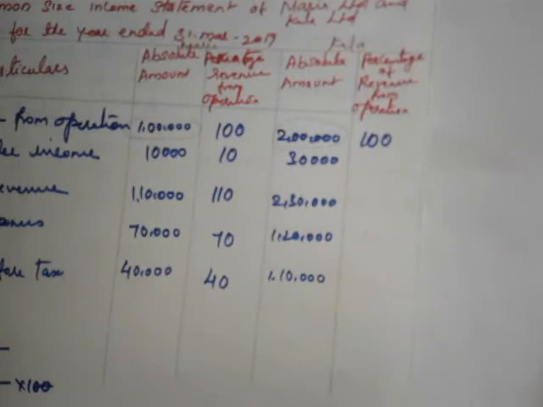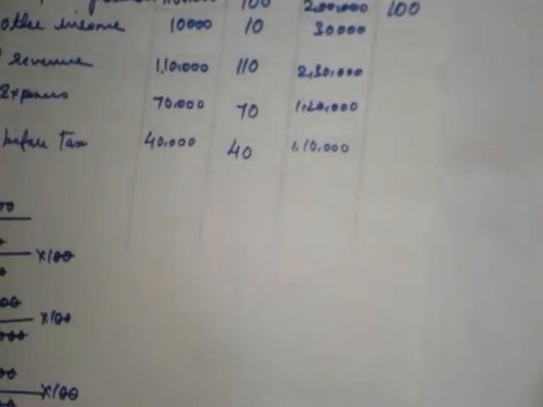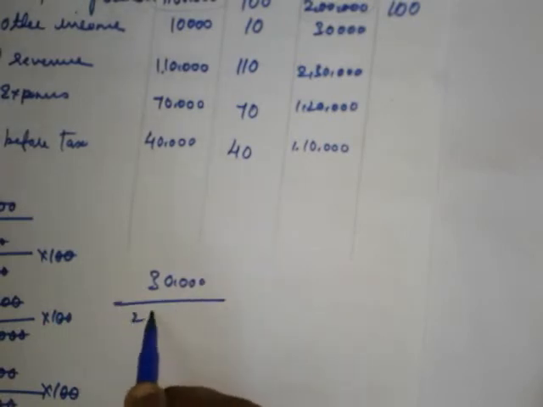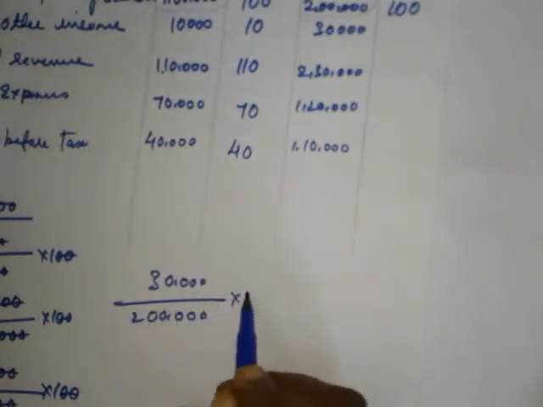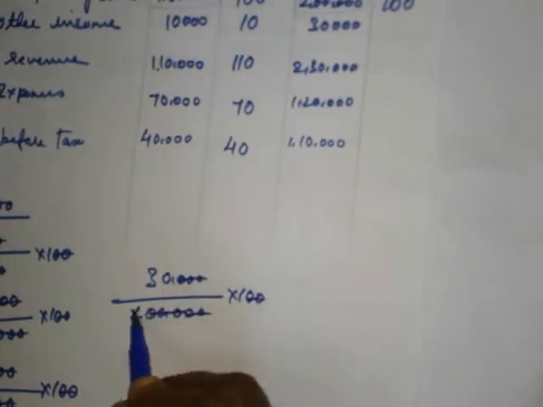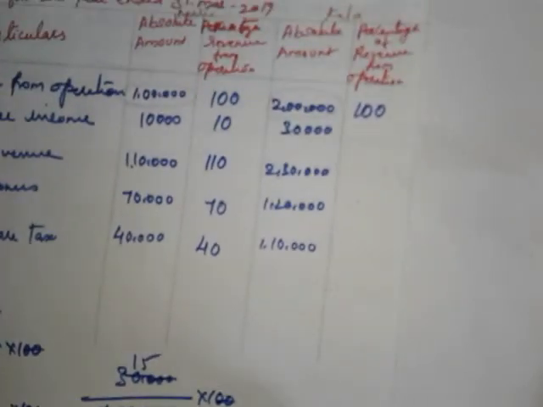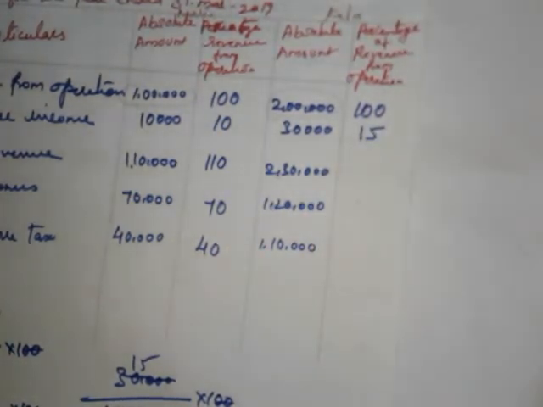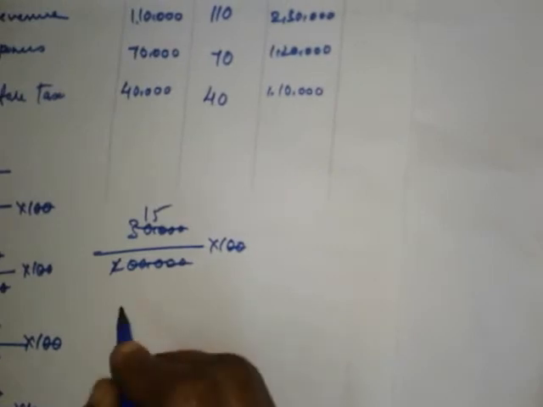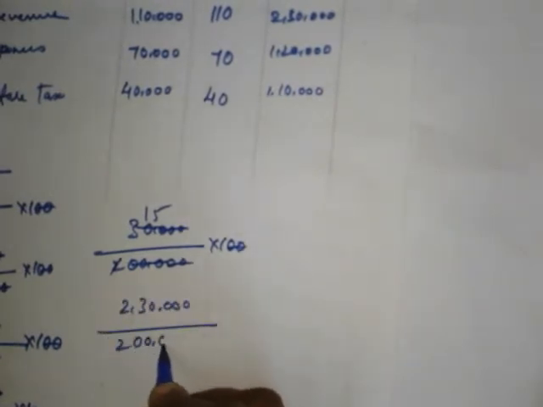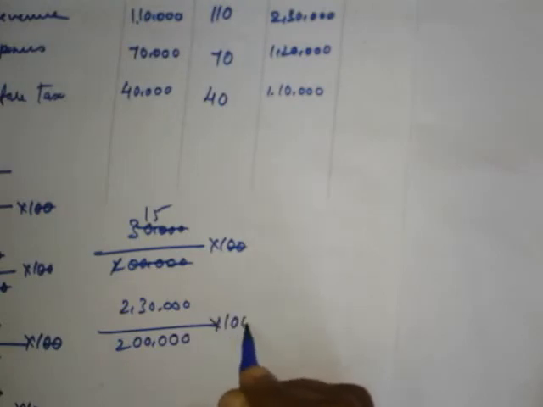Then can you do the sum? Listen here, 30,000 divided by 2 lakhs into 100. It's very easy for you. This is 2 times, so 15. Here also, 2 lakh 30,000 divided by 2 lakhs into 100.